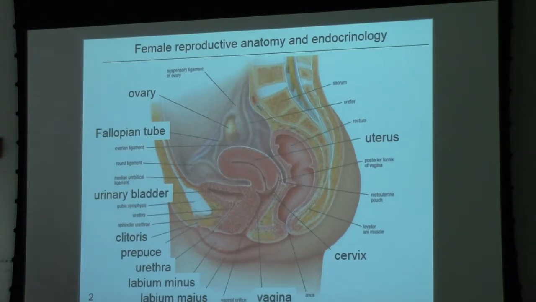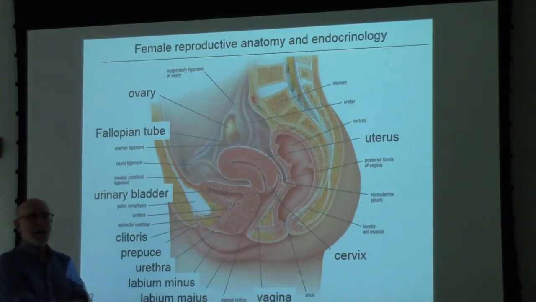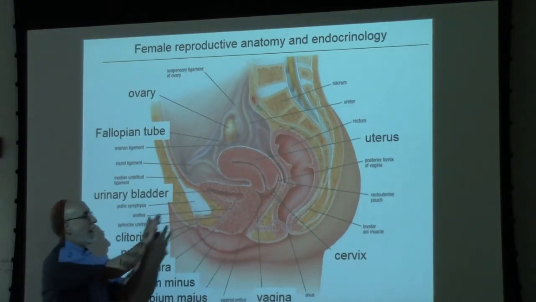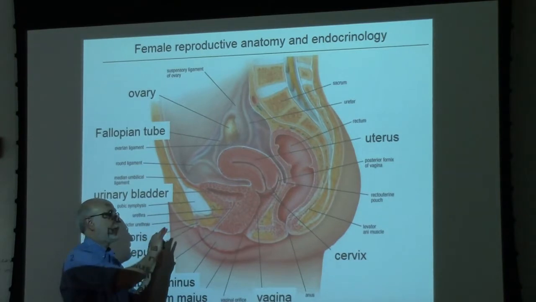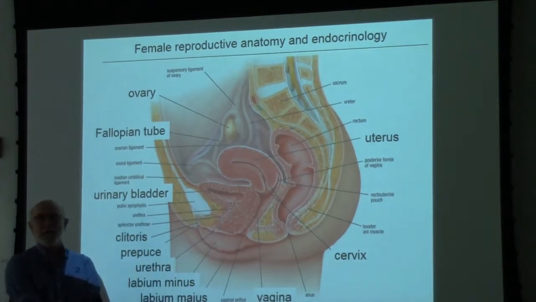The clitoris is drawn like this tiny little thing at the front of the vulva, but it actually is a large organ that has tissue that goes around on either side of the vulva. So it's not a tiny little thing. It's a Y-shaped structure.